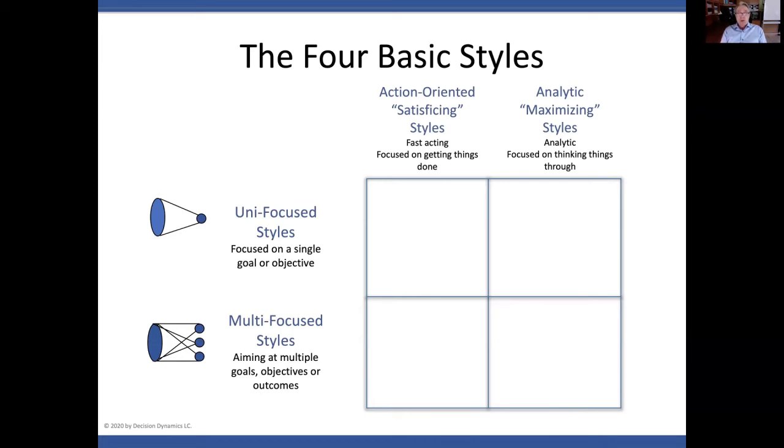So when people make decisions in that mode, those decisions are likely to have a number of different parts. And as likely as not, those parts may shift and change over time as the situation they're looking at itself changes and evolves. So those 2 styles on the bottom rung here are much more variable than the unifocus styles on the top row.